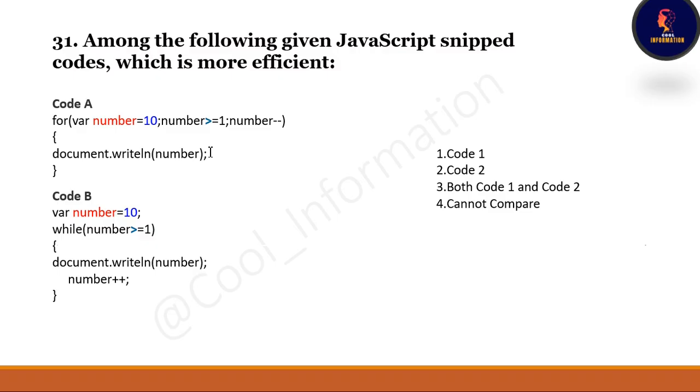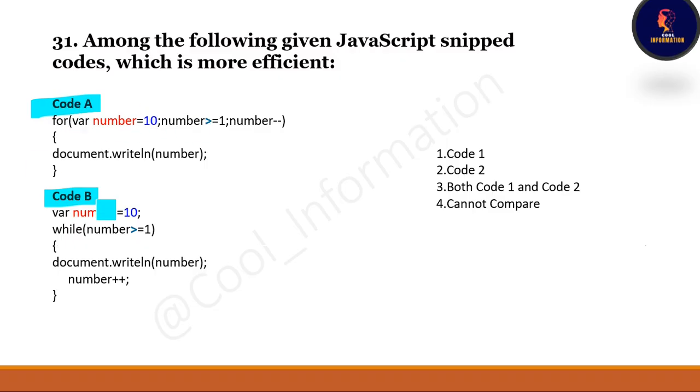Next question, among the following given JavaScript snippet codes, which is more efficient? Now two codes are given to you and you need to find which code, A or B, is more efficient.